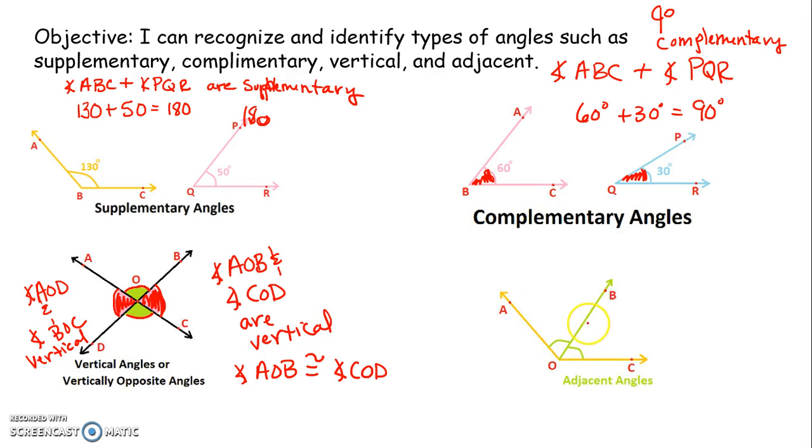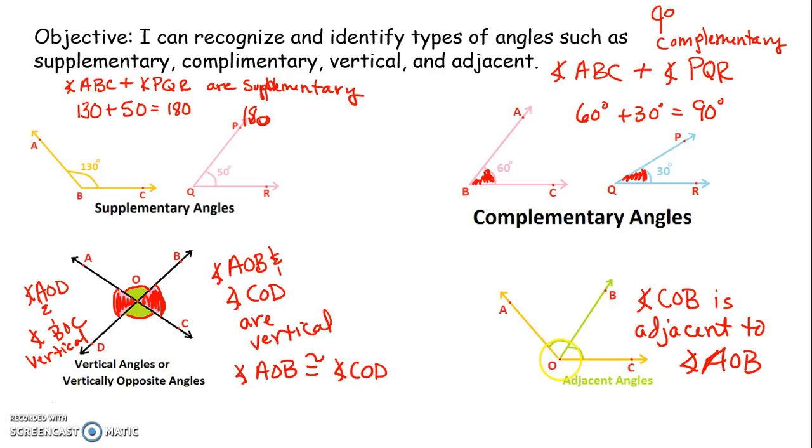And then finally we have these adjacent angles. Adjacent angles, the only thing special about adjacent angles is they share a side. So angle COB is adjacent to angle AOB.